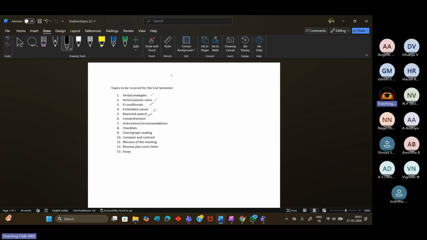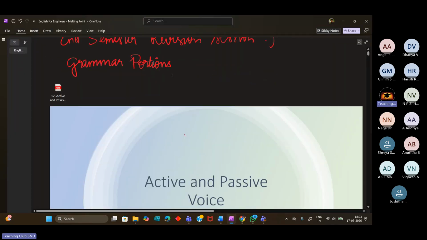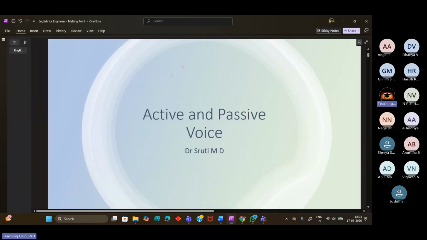We'll be following an order. I'll start with the one which I think will take more time and more questions to practice, and then slowly you can finish the rest. Firstly, we'll be starting with active and passive voice.